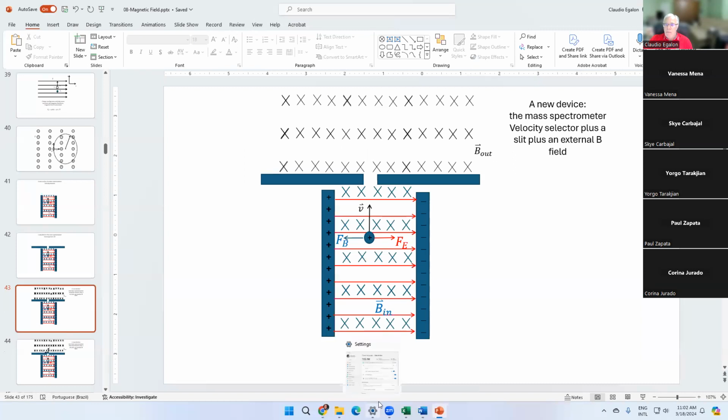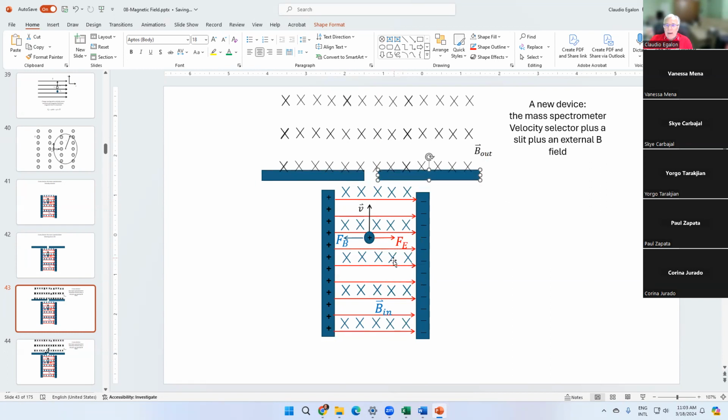So here you go. Here's my velocity selector, right? Don't forget I have to put a little gap here in between. So those particles that are not going through this gap, they escape, right? And so what happens?